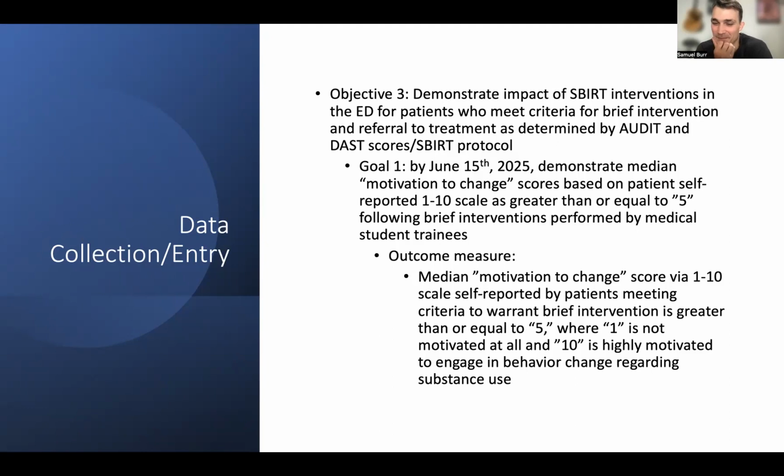Yeah. Really, the only other outcome measures we'll have associated with this third objective, just in the following slides, are those follow-up calls: whether they were able to get connected with a resource, or what their follow-up AUDIT and DAST scores were. So that might be an opportunity.